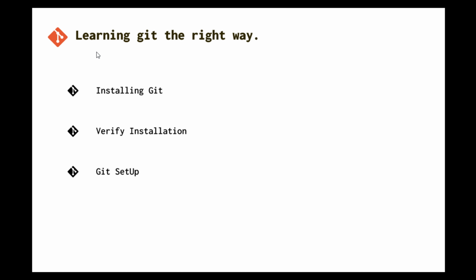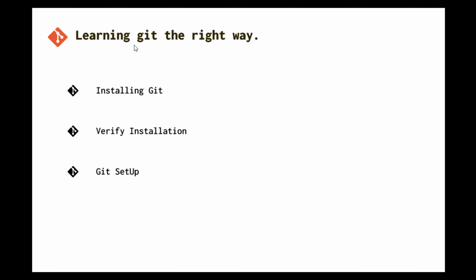The reason why I'm saying learning Git the right way, as you can see here, is because a lot of learning institutions or a lot of companies have what we call sandboxes. This is actually on their website, where you are able to access Git resources without having to really download it on your machine.